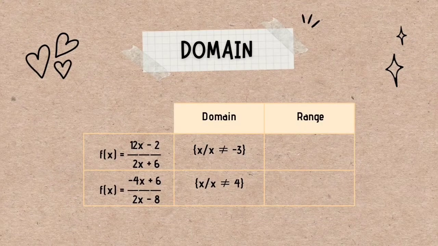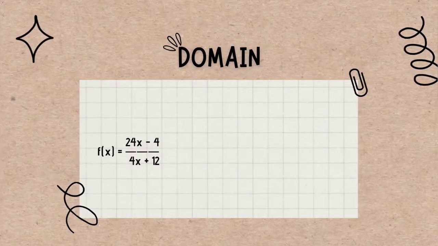So, ganun lang kadali. So, I decided to give you one more example for you to fully understand our lesson. F of x equals 24x minus 4 over 4x plus 12. So, let's equate the denominator sa 0. 4x plus 12 equals 0. So, ililipat natin sa right side ang positive 12.